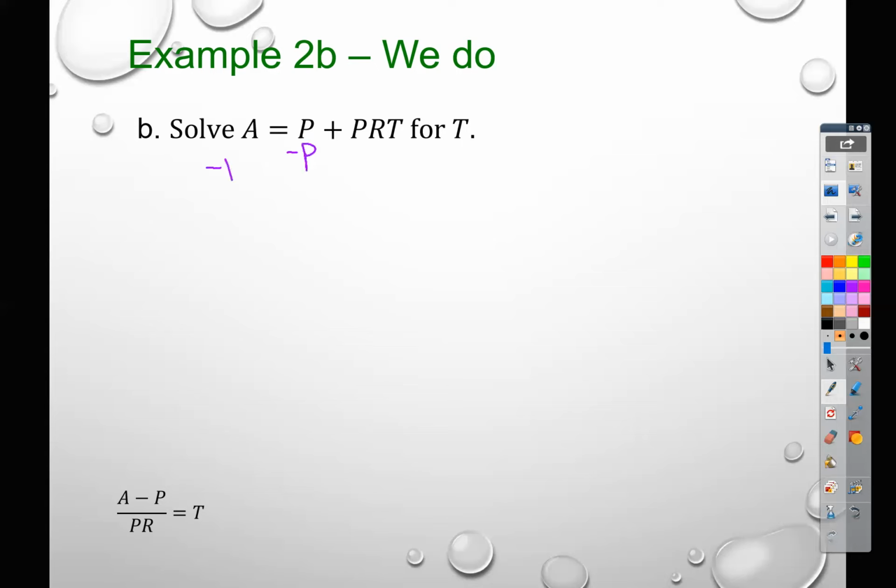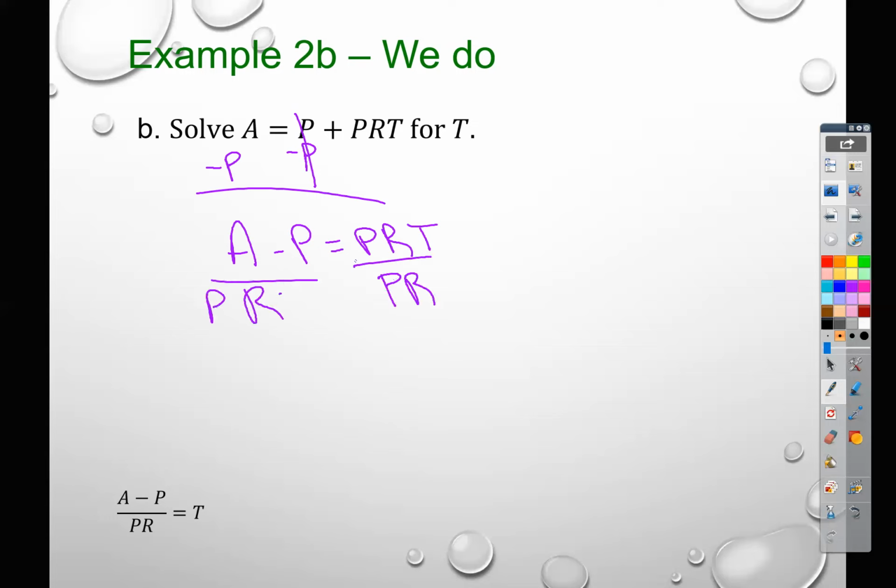Minus P. So I'm going to subtract the P, I'll get A minus P equals PRT. And now I still want to get the T by itself, so I need to divide by P and R. That goes away. So I'm left with T equals A minus P over P R.